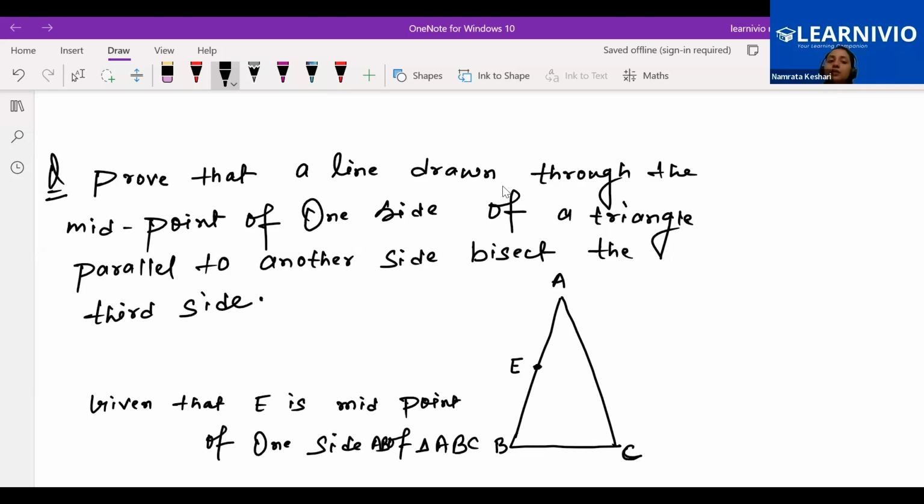It is given that a line is drawn through the midpoint of one side.